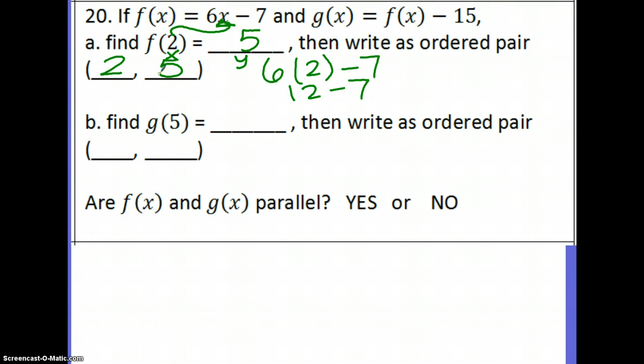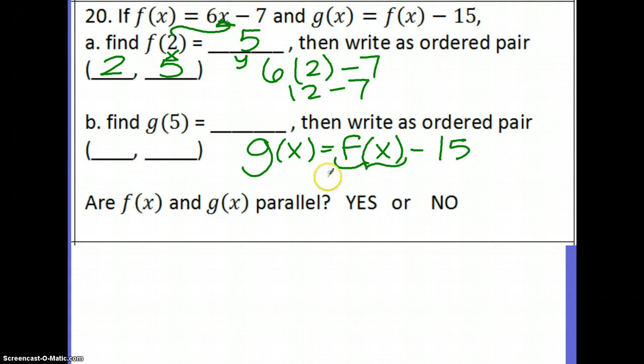Find g of 5. Well, g(x) is equal to f(x) minus 15. That means we need to plug in f(x) right here, which we know is 6x minus 7. Bring down minus 15.